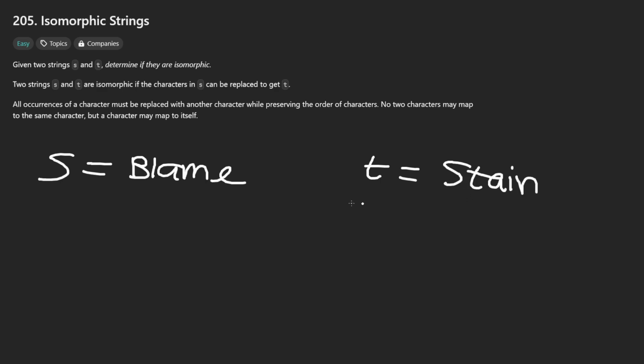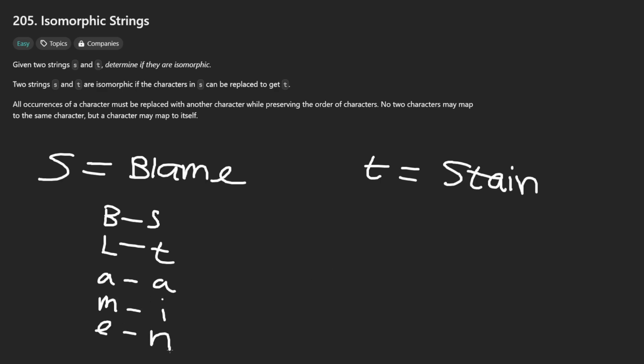So in this case, we can map B to S, we can map L to T, we can map A to A, we can map M to I, and we can map E to N. So everything here is unique. They are mapped uniquely, and therefore we can reconstruct the word blame by exchanging the letters in stain, right?